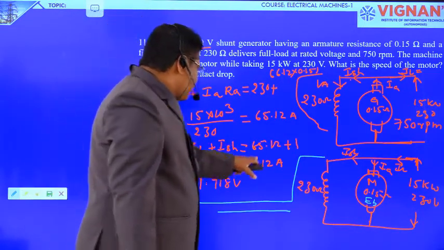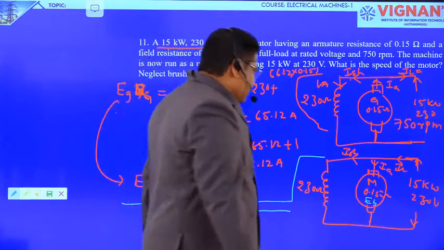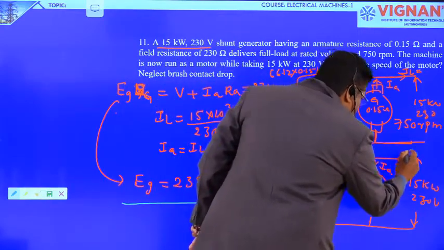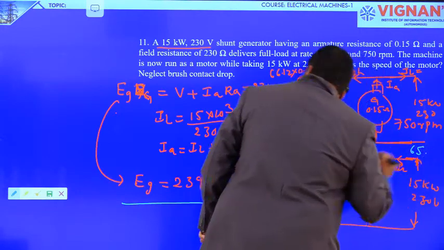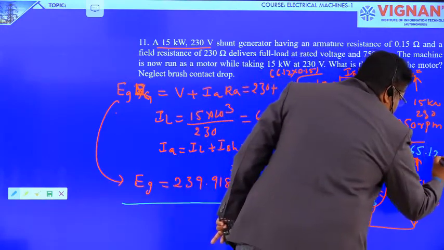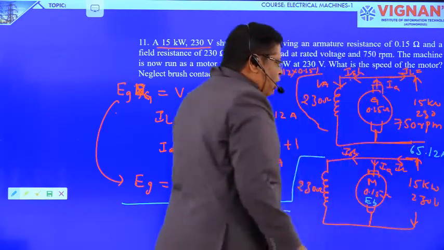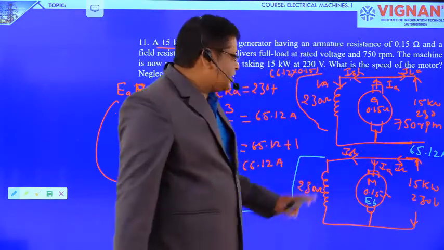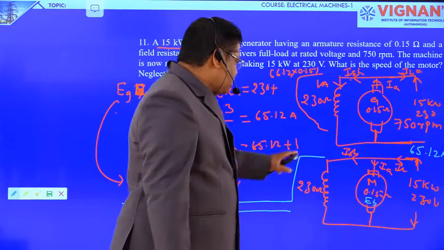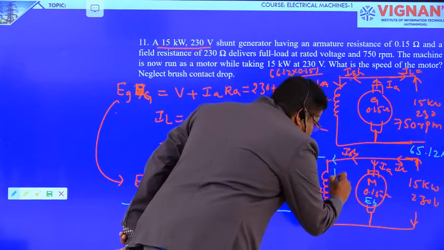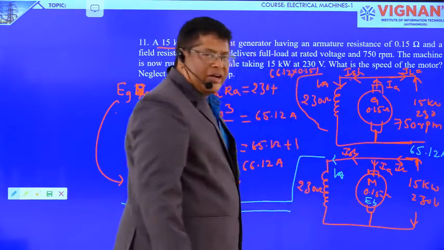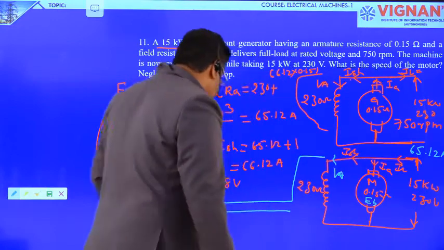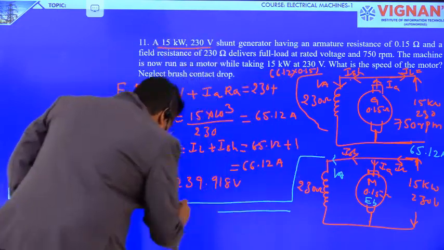The same amount of current flowing here, supplied to the motor also, 65.12 amperes: power divided by voltage gives this current. The shunt is taking a current of 1 ampere.